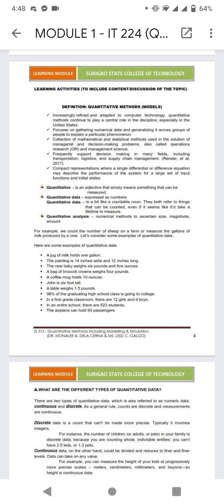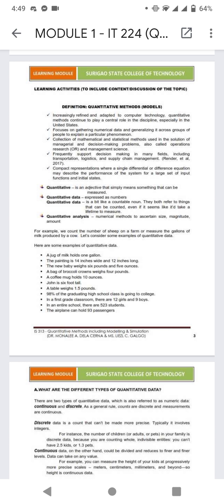This part describes the definition of quantitative, which is an adjective that simply means something that can be measured. Quantitative data is expressed as numbers. Qualitative data is a bit like a countable noun, but they both refer to things that can be counted, even if it takes time to measure.